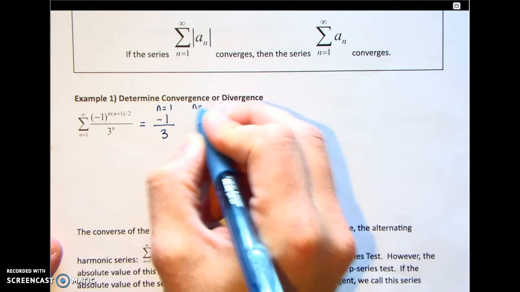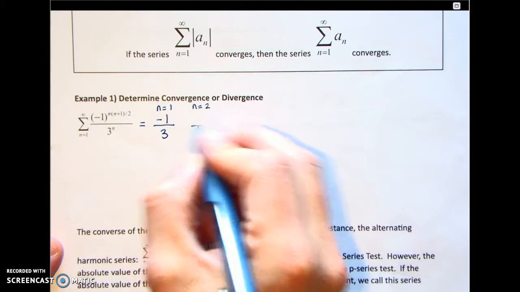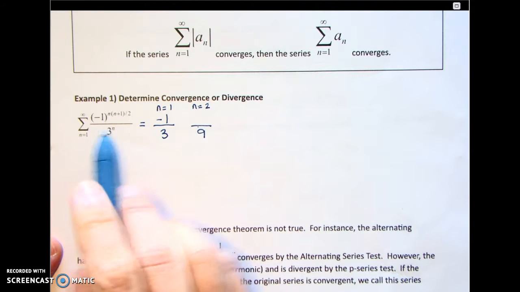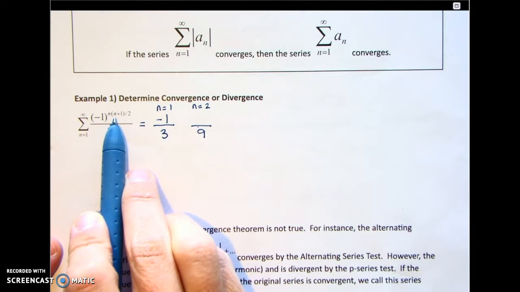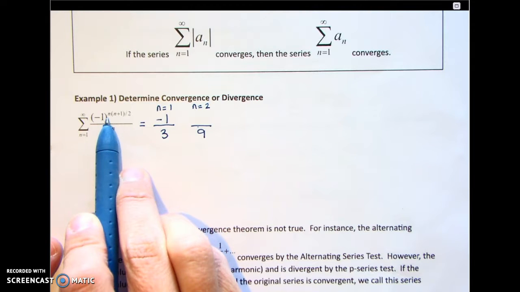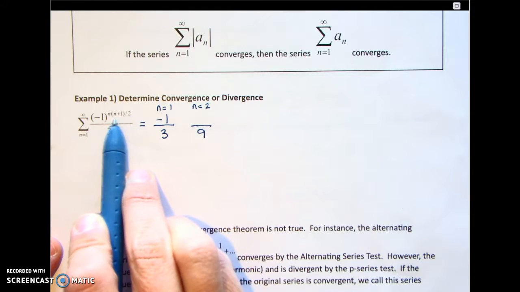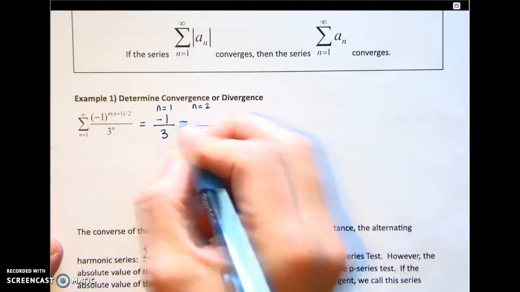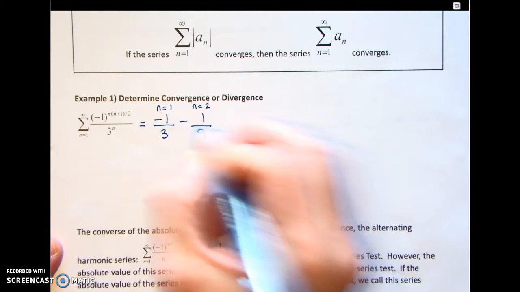Now let's make n equals 2. In our denominator, we would get 3 squared. 2 plus 1 is 3 times 2 is 6, divided by 2 is 3. Do you agree this is an odd number? So this will be negative again. So we have a negative and then a negative.